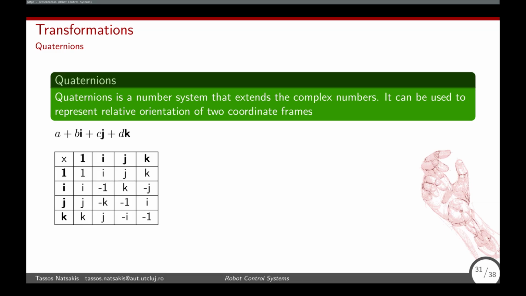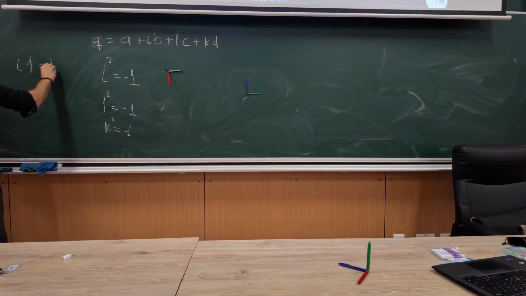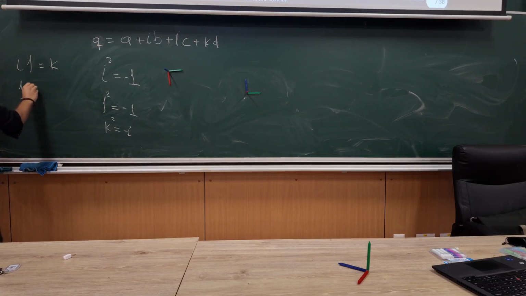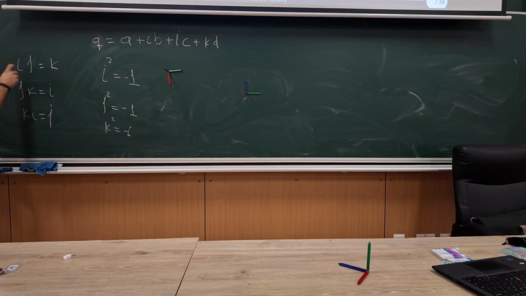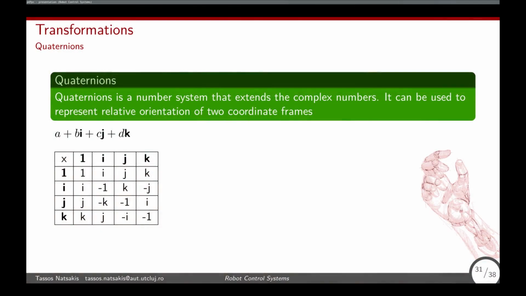So i times j equals k. j times k equals i. k times i equals j. And then these things are not commutative either, right? j times i is not k, it's minus k.